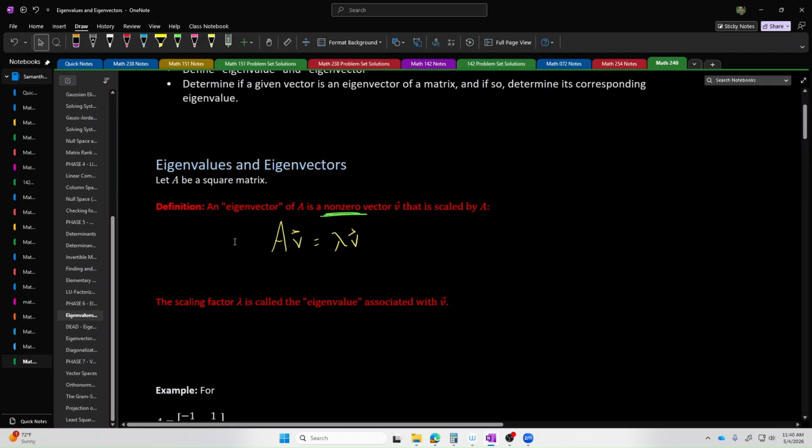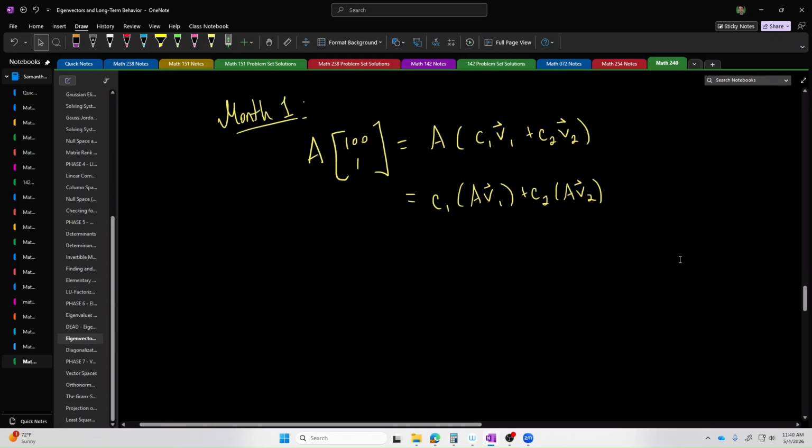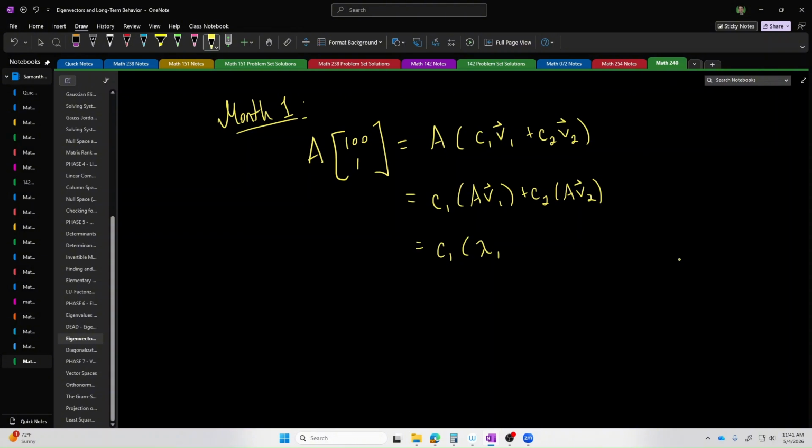So let's use this property and replace A times v1 with the corresponding eigenvalue lambda 1 v1, and in the back, lambda 2 v2.